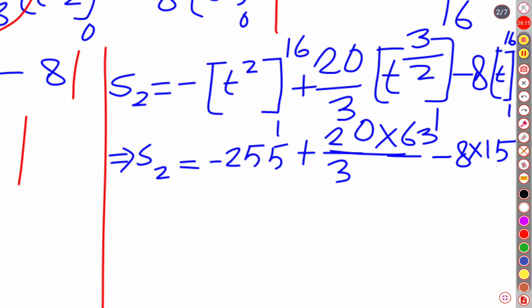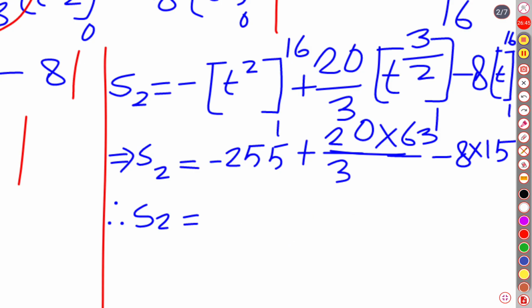Well, if we calculate this, S2 is equal to, it may be the last step for the second phase of the solution. So the displacement in the second phase of time is how much? There should not be any denominator.